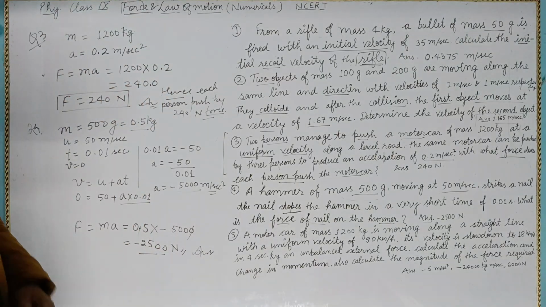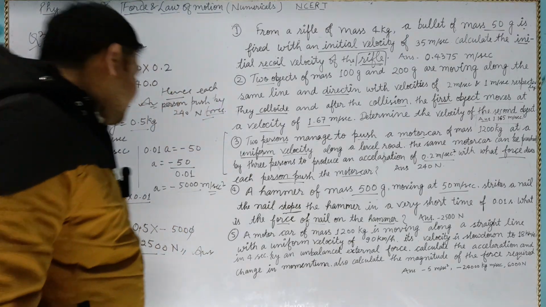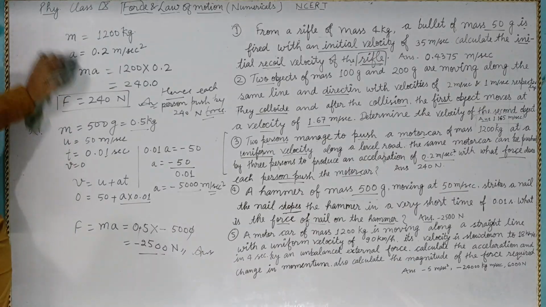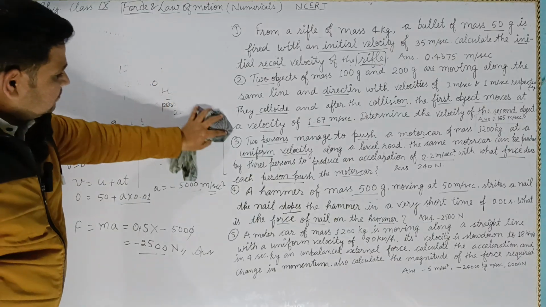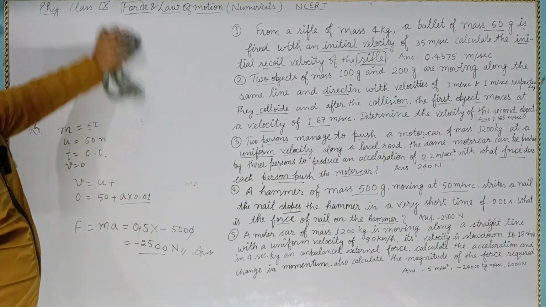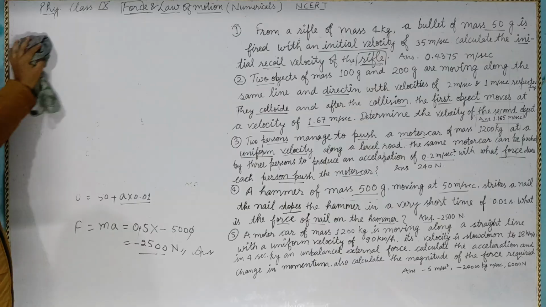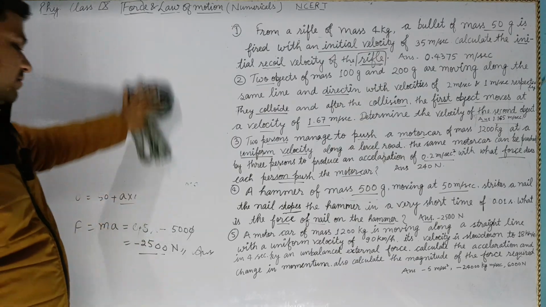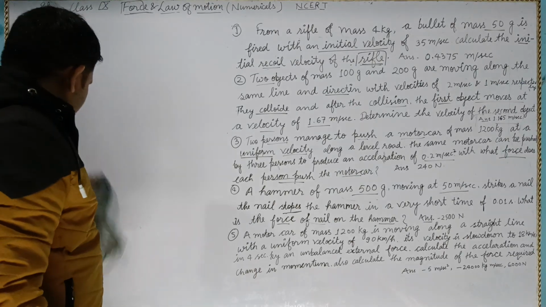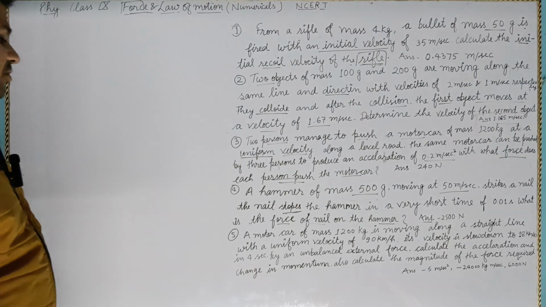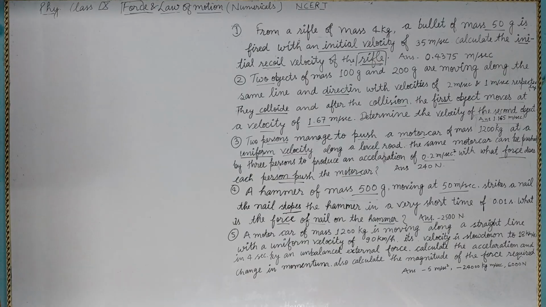In the next, question number 5 is saying this. A motor car of mass 1200 kg is moving along a straight line with a uniform velocity of 90 km per hour.